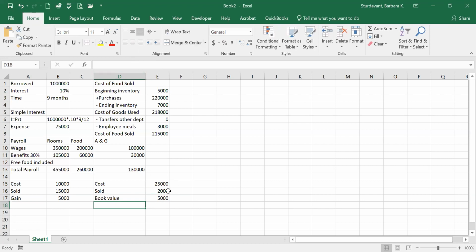So the book value is after depreciation. So if we have a book value of 5, sold for 2, what do we have? 3. 3, and what is the 3, a gain or a loss? Loss. A loss. Right.